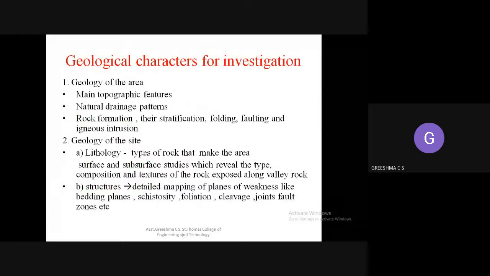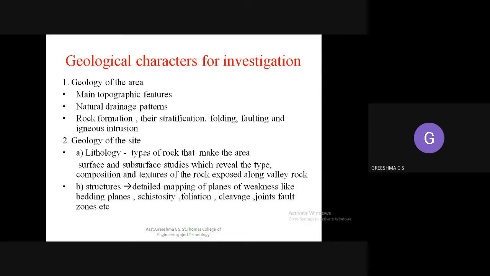First thing, you have to consider the geology of an area, or you can say the geology of the dam site. Geology basically refers to the topographical features at the site.